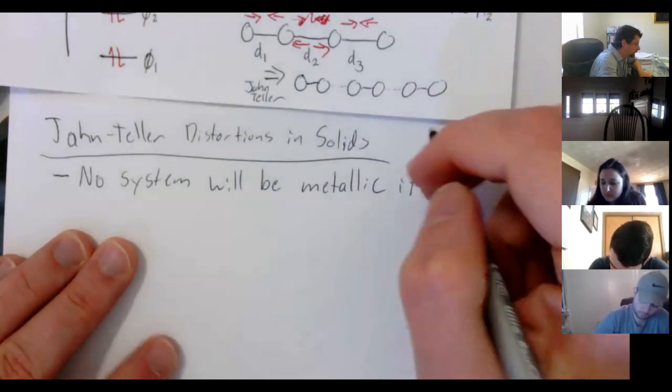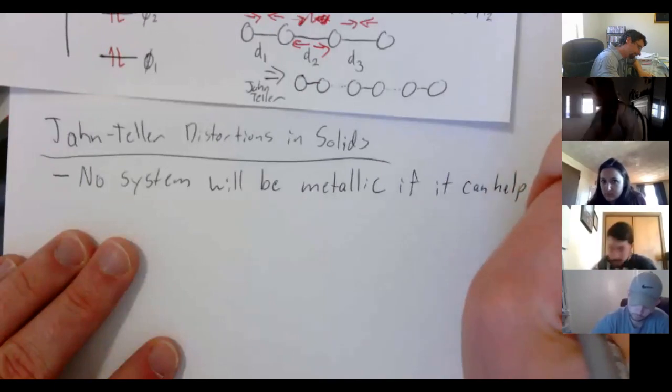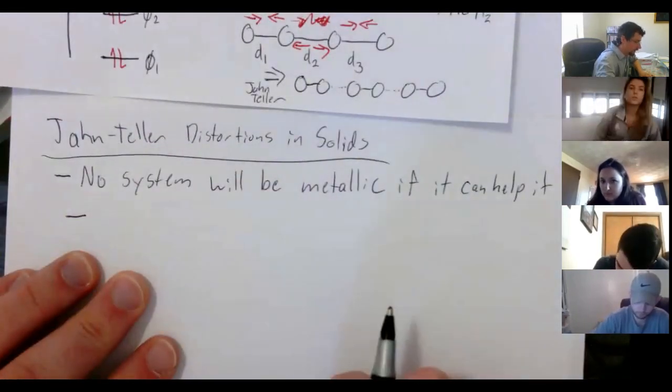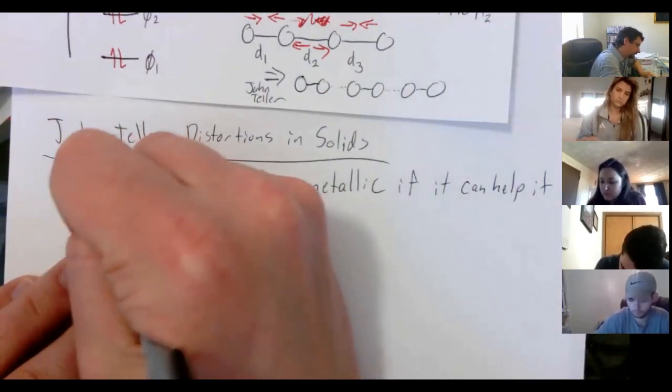No system will be metallic if it can help it. So solids also undergo Jahn-Teller distortions.